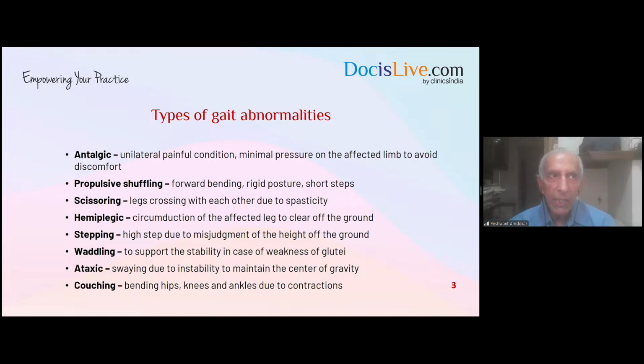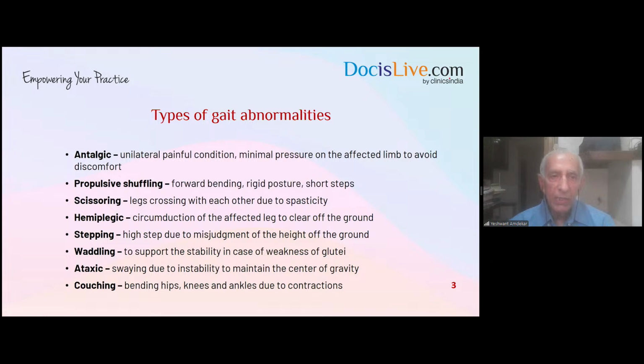But there are many other types of neurological disorders which also cause different types of gait abnormalities. One common type that you may have seen in old age and senior citizens is the propulsive or shuffling gait of typical Parkinsonism. He has a forward bending, very rigid posture, and takes short steps. You are all very familiar with the Parkinson's shuffling gait.